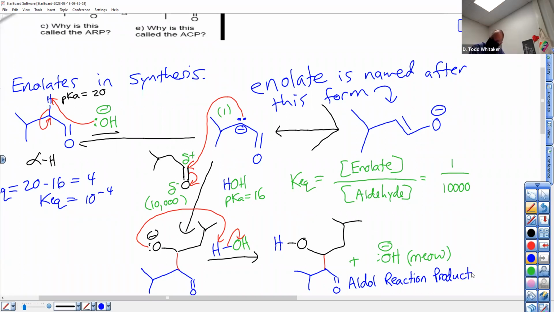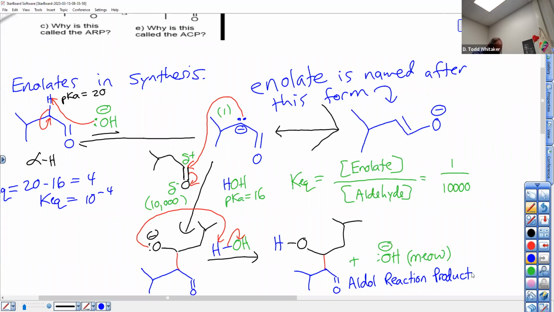And I hinted earlier today, you know, if somebody puts their name on a reaction, it actually makes it harder to remember because it has nothing to do with the reaction. That's not a person's name. That's actually a good name here, isn't it? What two functional groups are present? Aldehyde, ALD. Alcohol, OL. I like it.